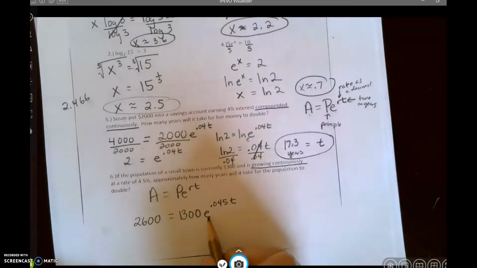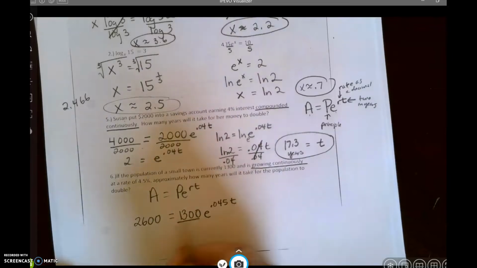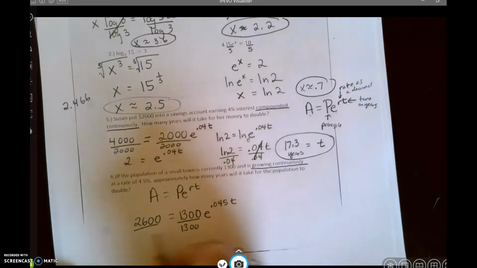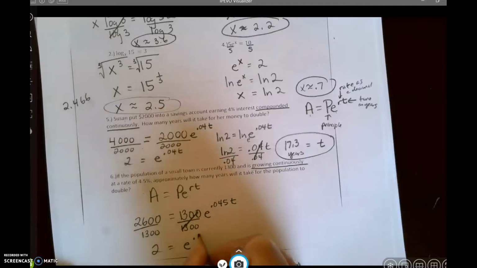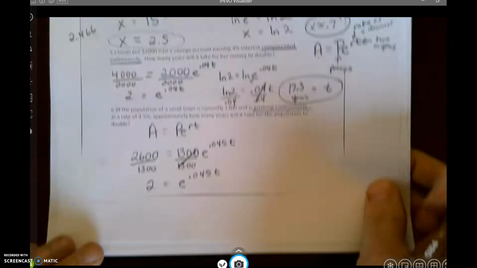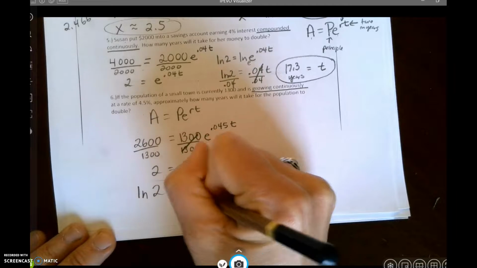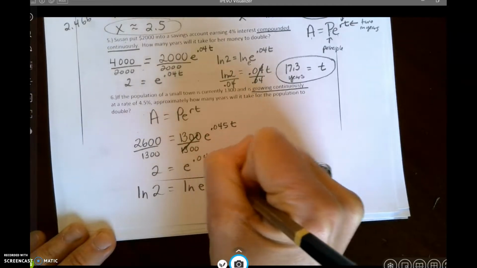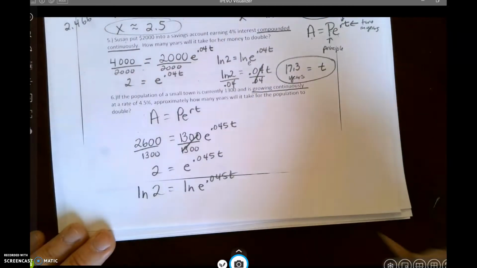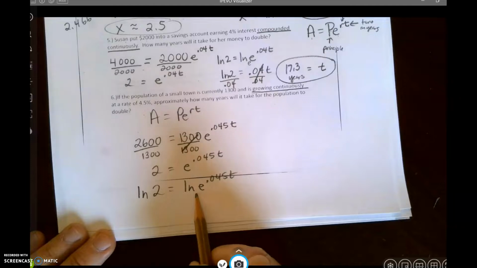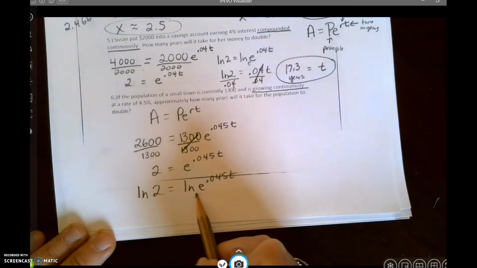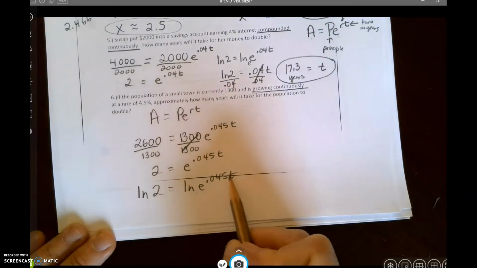Again, I've got to get that e alone before I can take the natural log of each side. So I'm going to divide each side by 1,300. 2 equals e to the 0.045t. Now I'm going to take the natural log of each side. And remember, this base is e. e to what power is e to the 0.045t?